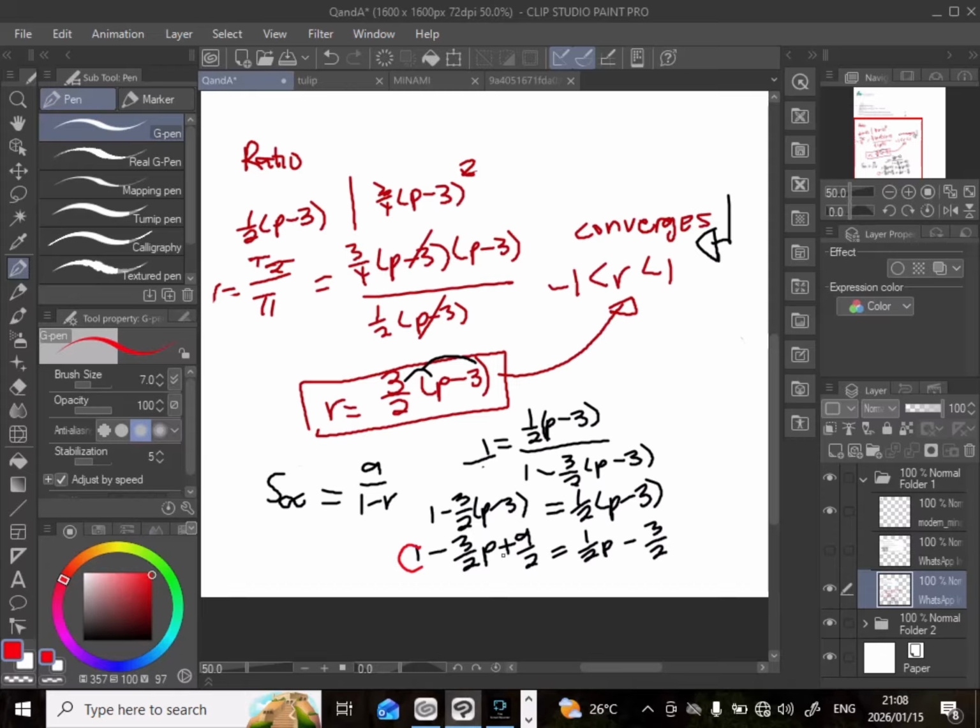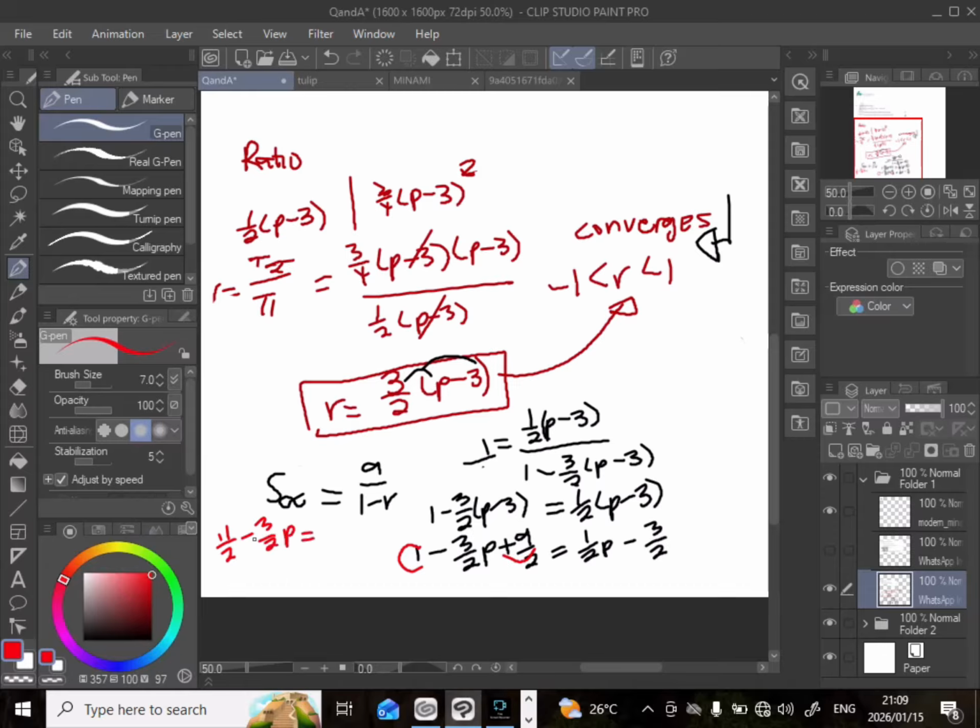It's this one and this one. So it will be 1 plus 9 over 2, which will be 11 over 2. So 11 over 2, and then negative 3 over 2p. Negative 3 over 2p is now equal to this one.